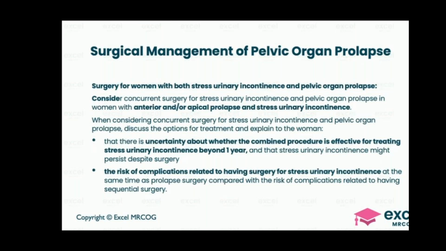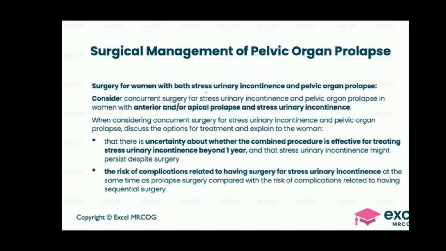Yeah, this is something important. This is something that I want you to know about surgery for both. If there is, say, anterior cystocele and there are SUI symptoms, both are treated surgically. Of course, they are treated with PFMT initially, but if that doesn't work, both are treated surgically. Now, whether the surgeries for both are different. Anterior cystocele will be treated with anterior colporrhaphy, and SUI would be treated with either a Burch colposuspension or your retropubic sling.